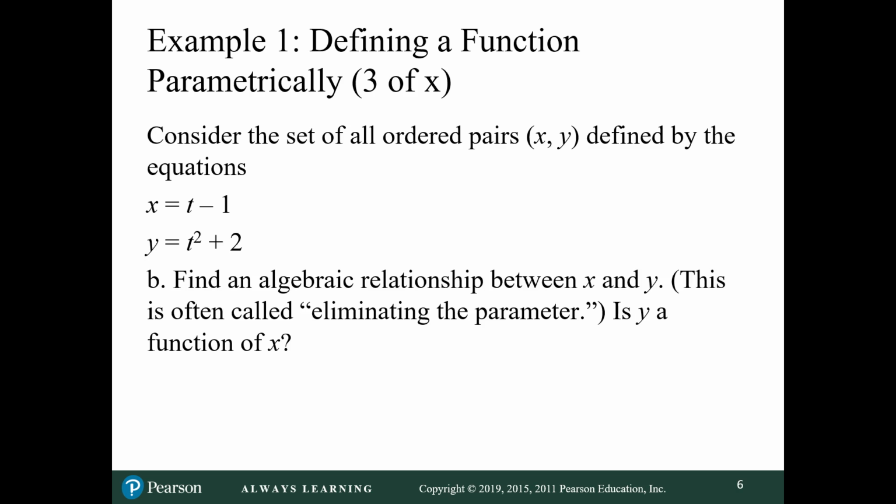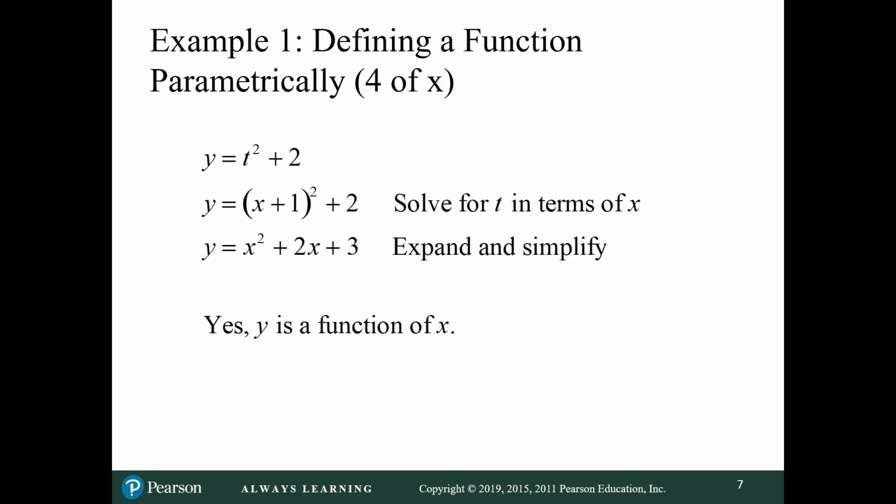What's the algebraic relation between x and y? Called eliminating the parameter. To eliminate the parameter, what we do is we set y equal to the t and then replace the t with what t is equal to and solve. So here we can see y is a function of x.